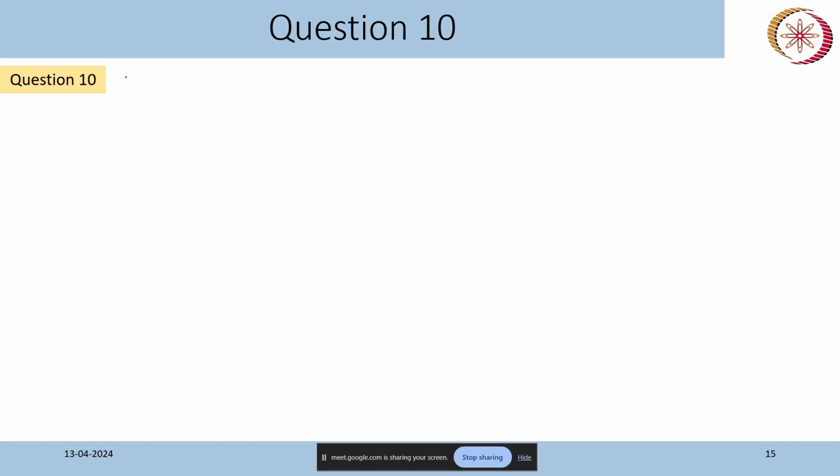So I'll write down the question first. Empirical modeling is used for dash level modeling.